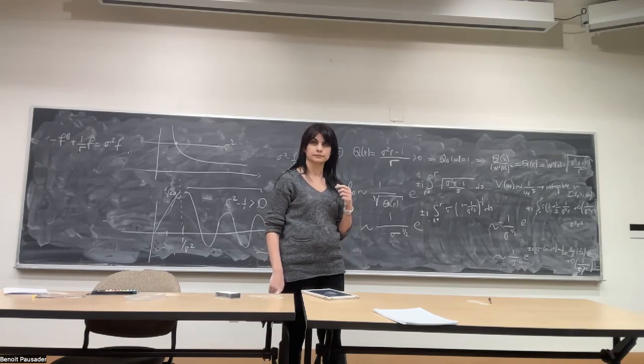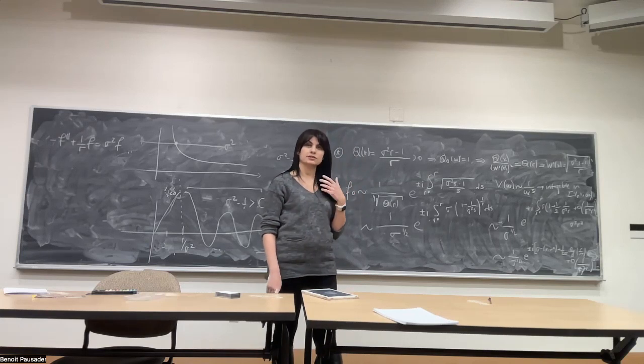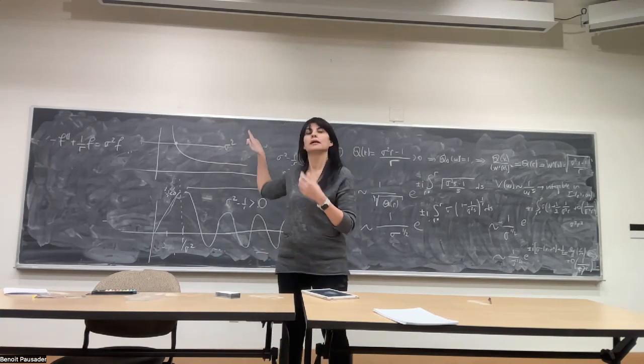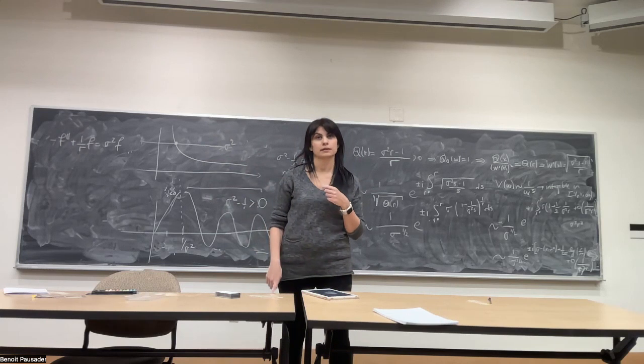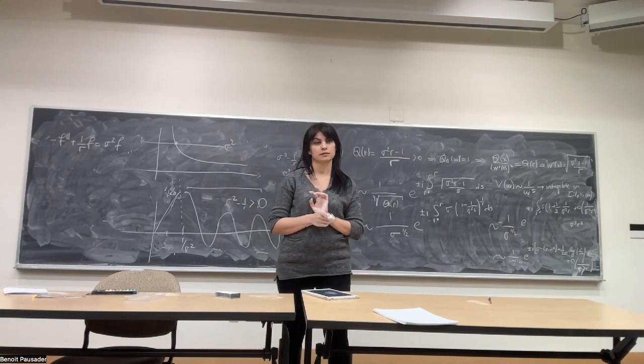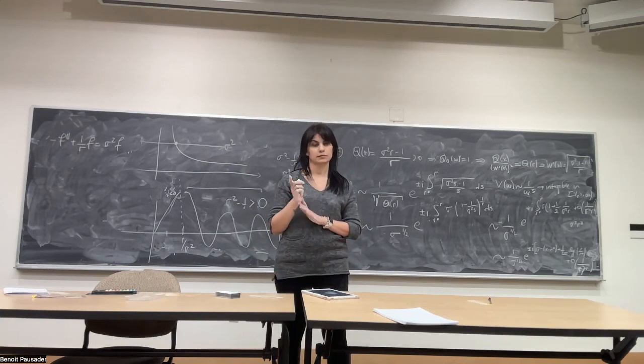So again, what will save us is that 1 over W cube is integrable at infinity. So that means that WKB is a good approximation to the left of the turning point. I was talking nonsense there.